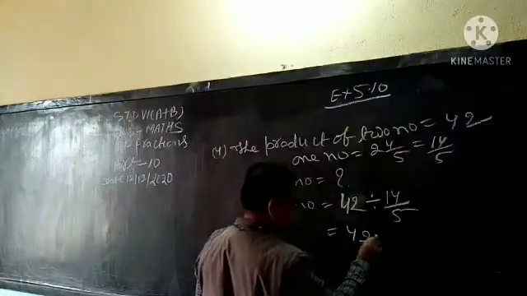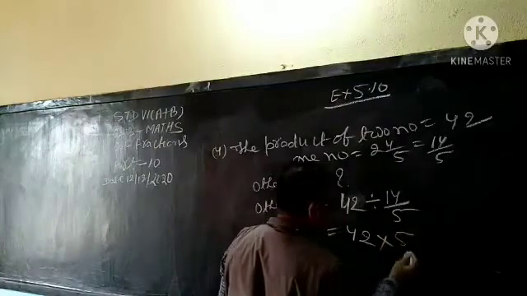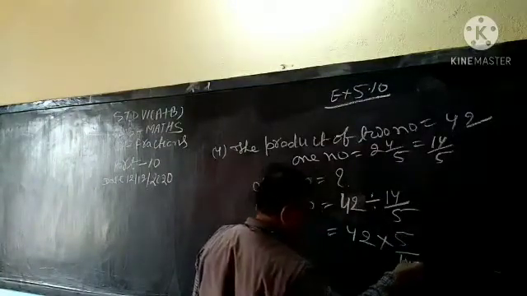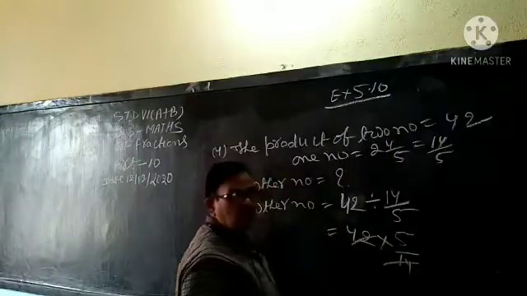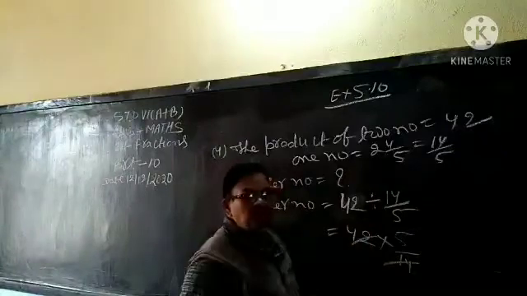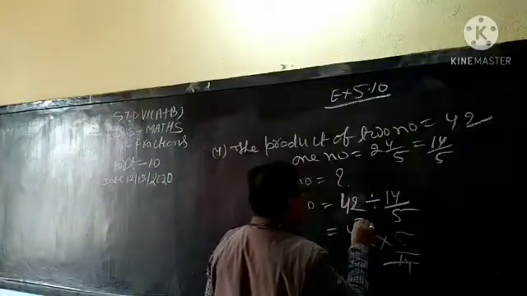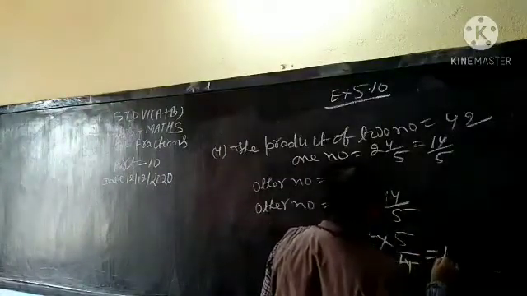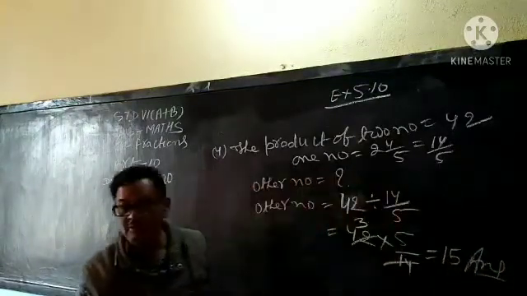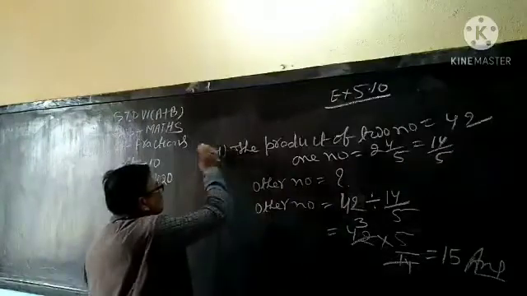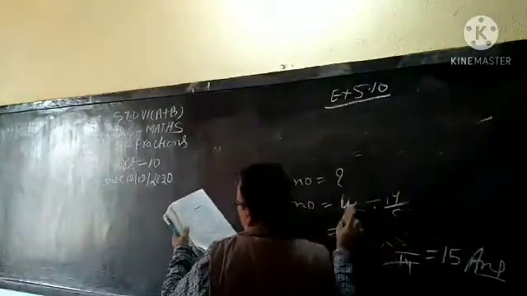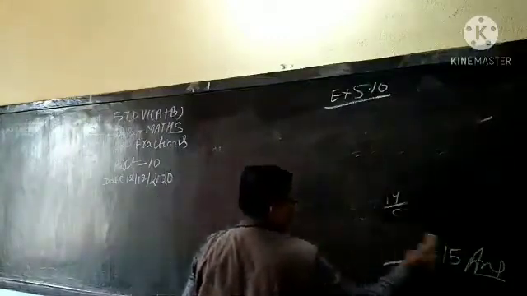Now 42 into 5 will go up, 14 will come down. 42 will divide by 14, 3 will come, 5 into 3, 15 is your answer. Is it clear? Understood now? Now question number 4 I have done.